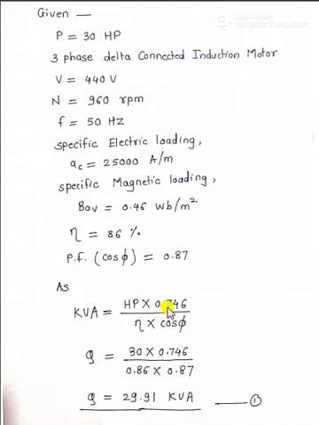We are multiplying here by 0.746, which is the conversion factor for converting HP to kilowatt. Next we substitute HP as 30, efficiency as 0.86, power factor cos phi as 0.87, and then we get the Q value as 29.91 kVA. This is our output equation.